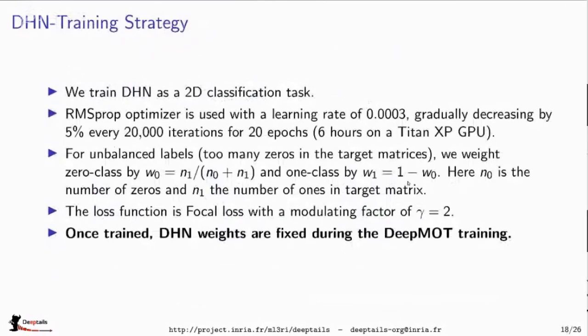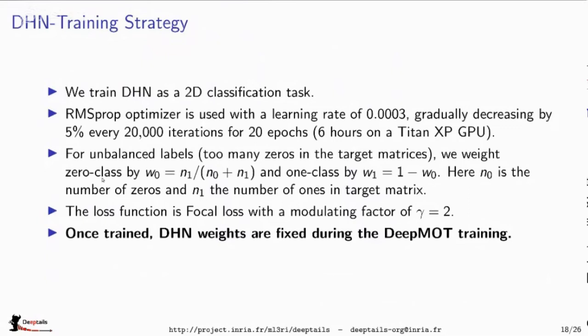To summarize, we train DHN as a 2D classification task, and the RMSprop optimizer is used. And there is another problem, which is that the target matrices have too many zeros. Zero means no assignment. So we need to balance the output labels a little bit.